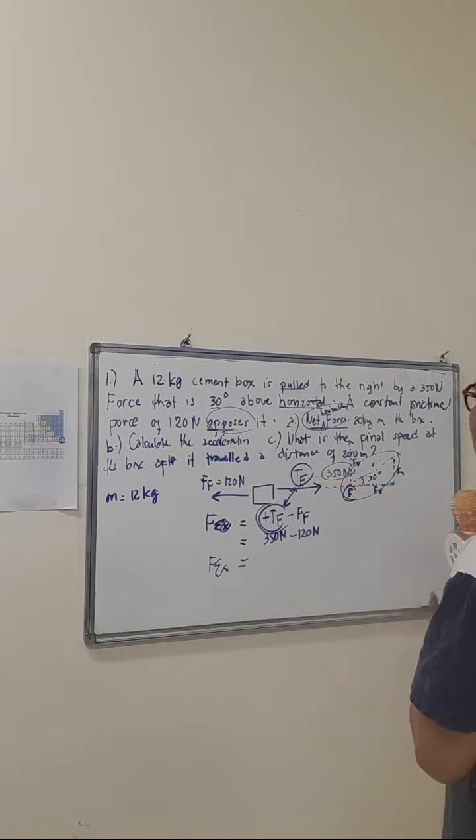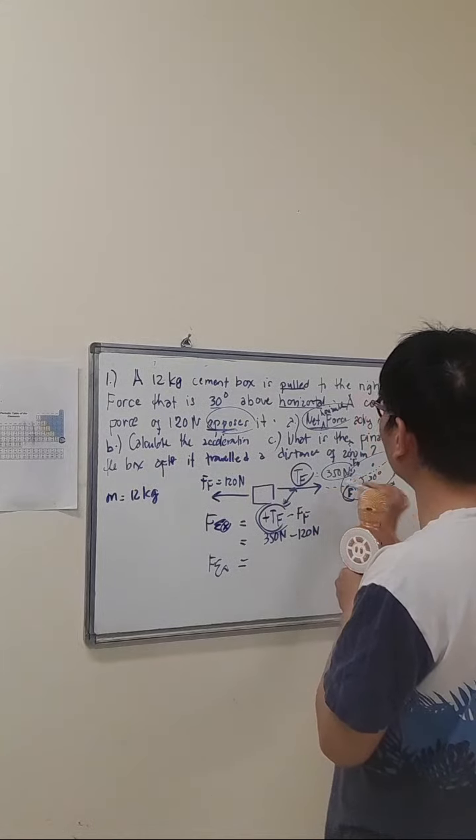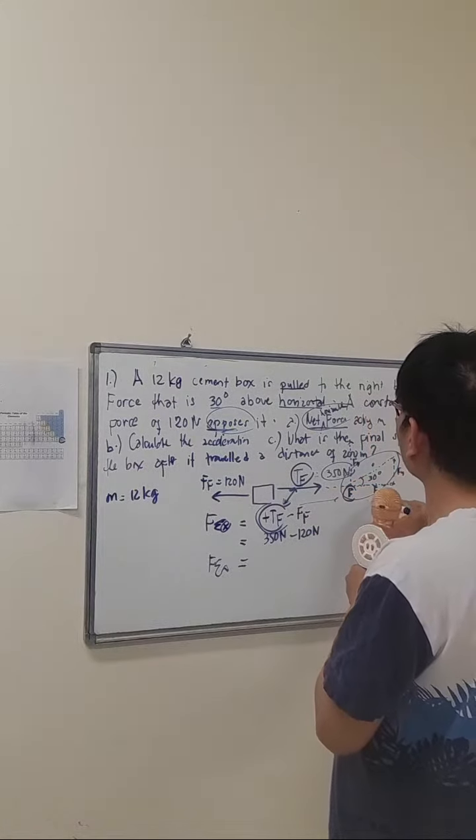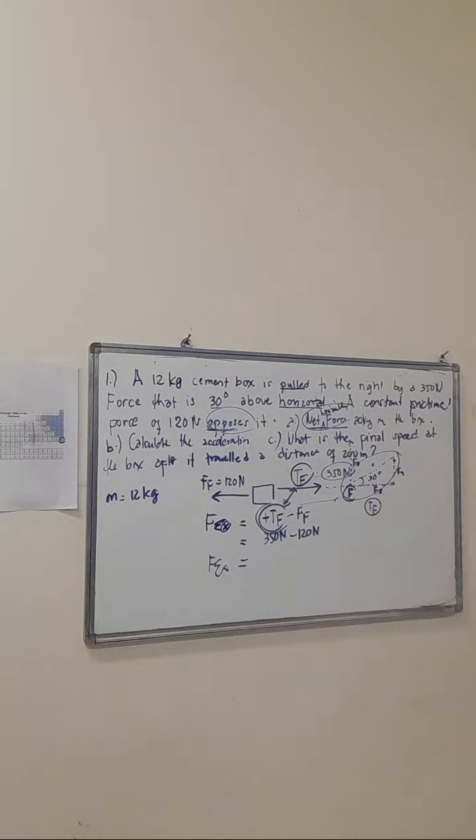Now, so we have tension force here. So you will say TF. How can you compute your TF? It's going to be considering your Fx. Guys, you are not considering the Fy because this is vertical.